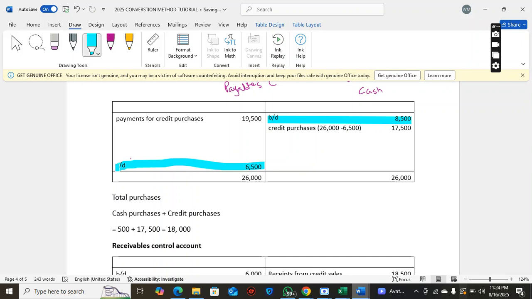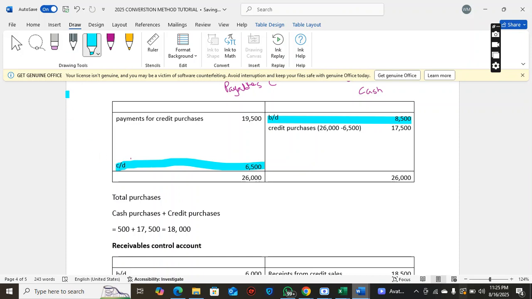After you got your balance brought down and balance carried down, you want to look for any transactions that relate to the payables control account, any transactions dealing with credit purchases.